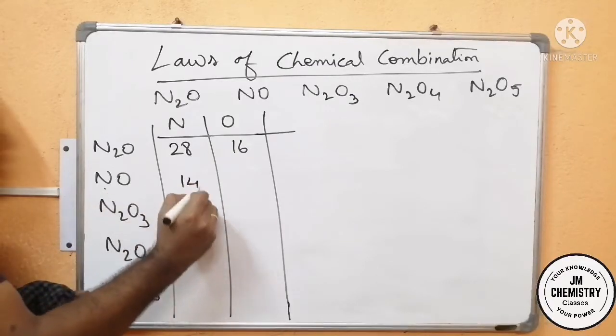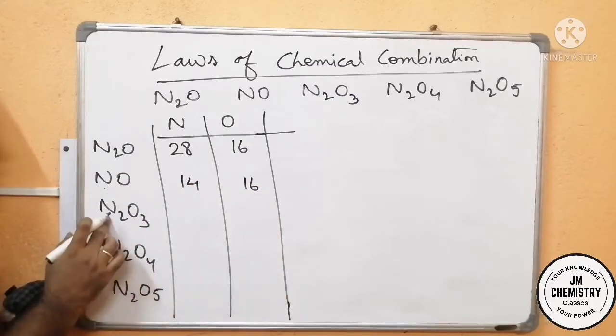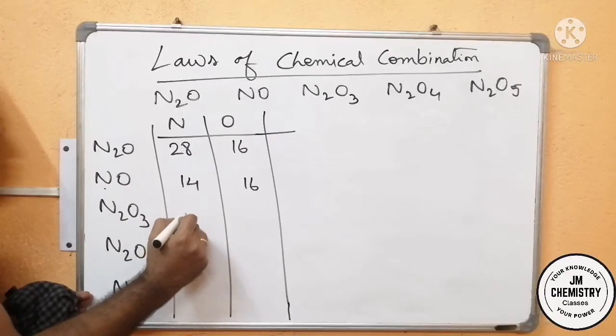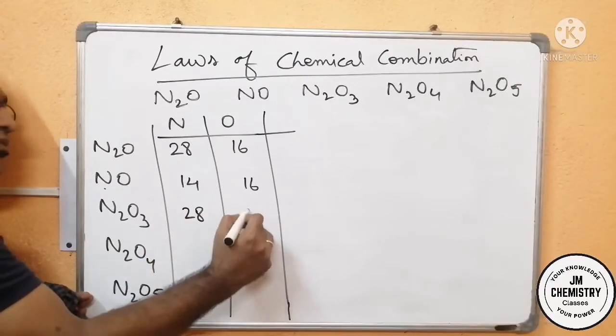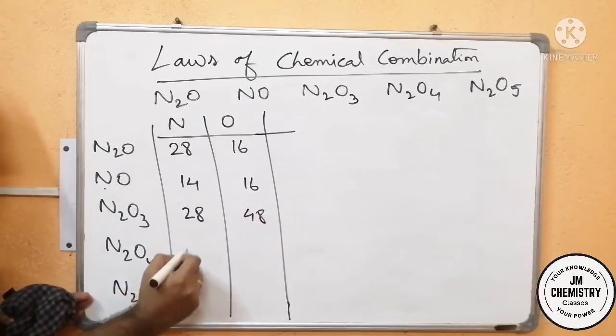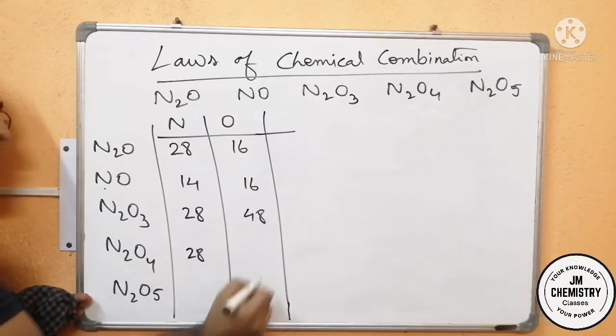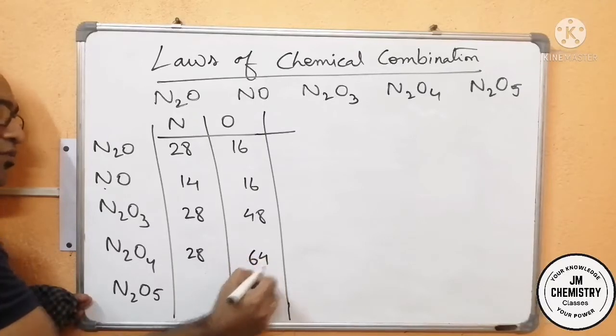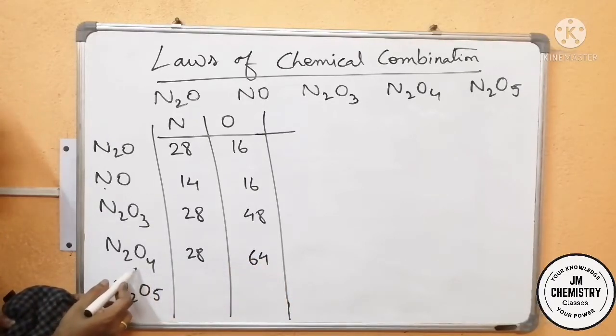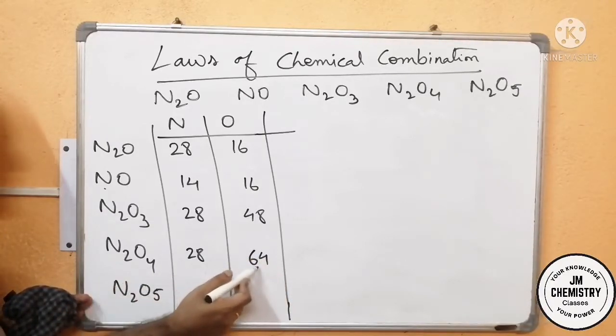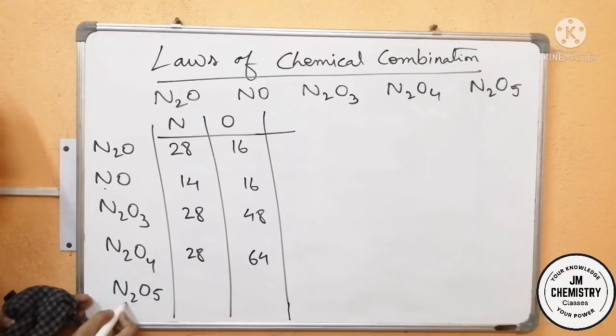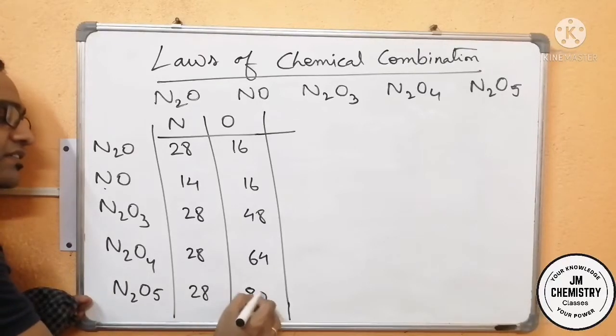NO is 14, 16. N2O3 is 28, 48. N2O4 is 28, then 64, since there are 4 oxygen, 4 into 16 is 64. N2O5 is again 28 nitrogen, and oxygen 5 into 16 is 80.